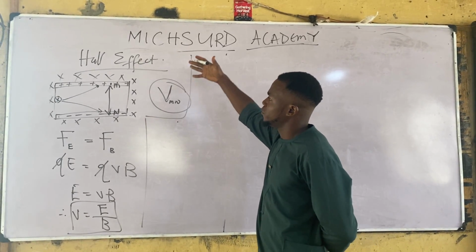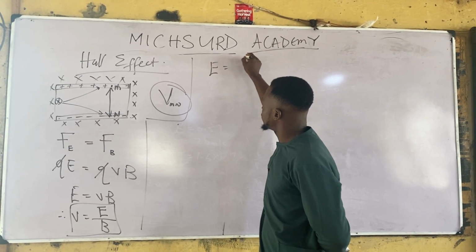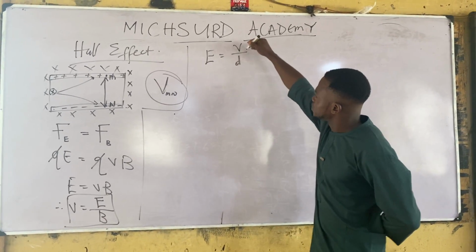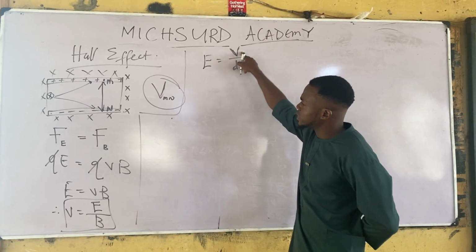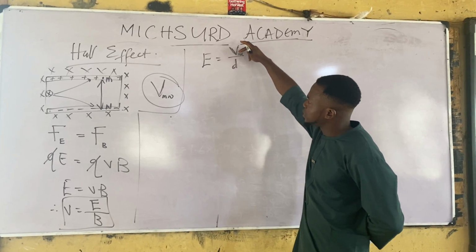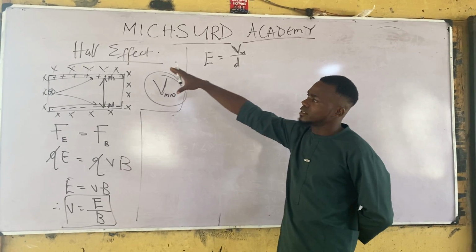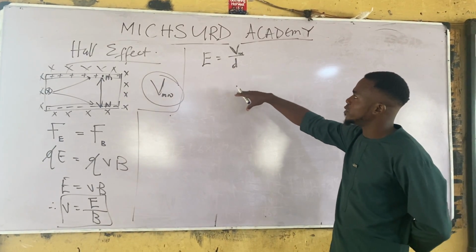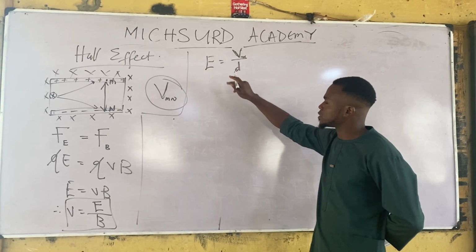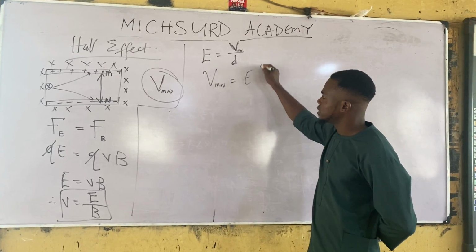On electric fields, we have that the electric field is equal to V all over d, where this V is called the potential, which is our potential here, VMN, the potential between the points M and N. Then d is the distance of separation. So if we make V the subject of the formula, we cross multiply, and one can see that VMN is equal to Ed.